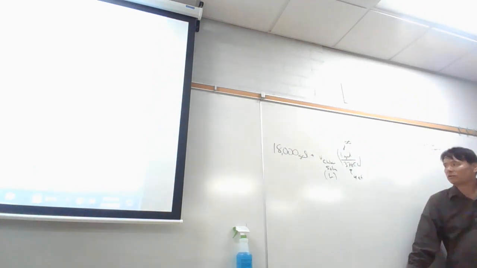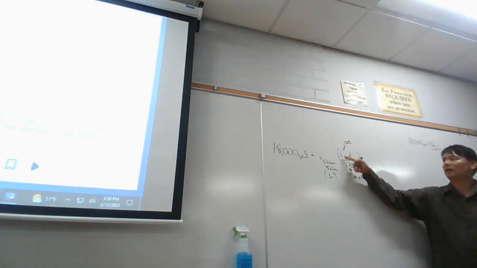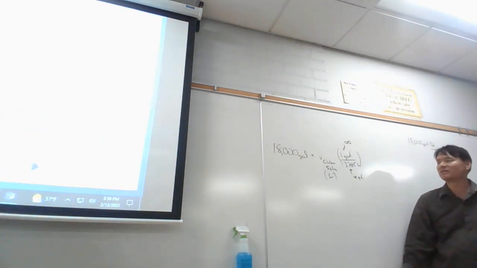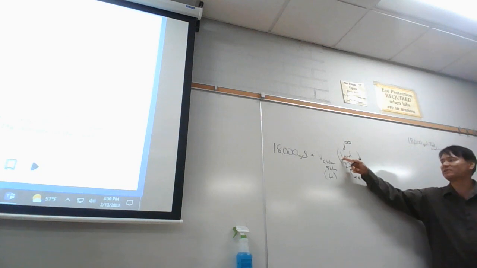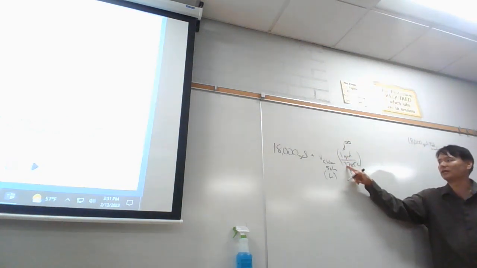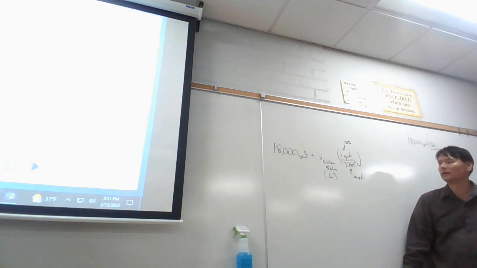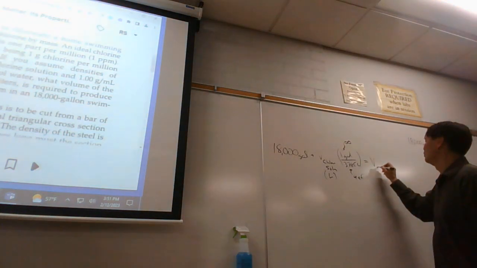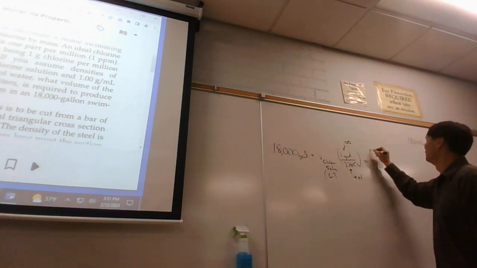We don't want uncertainty in both. So if we said in approximately 1 gallon, there's approximately 3.785 liters, then that's being somewhat redundant. So we want to fix one as exact and then put all the uncertainty in the other. And so we only have 4 sig figs in this conversion factor, but that's okay. And so this is going to equal the volume of the pool water. This is the total volume of the pool water.